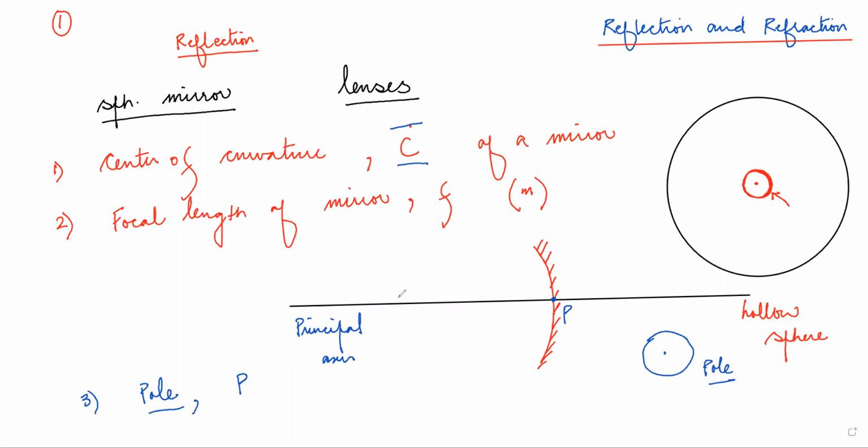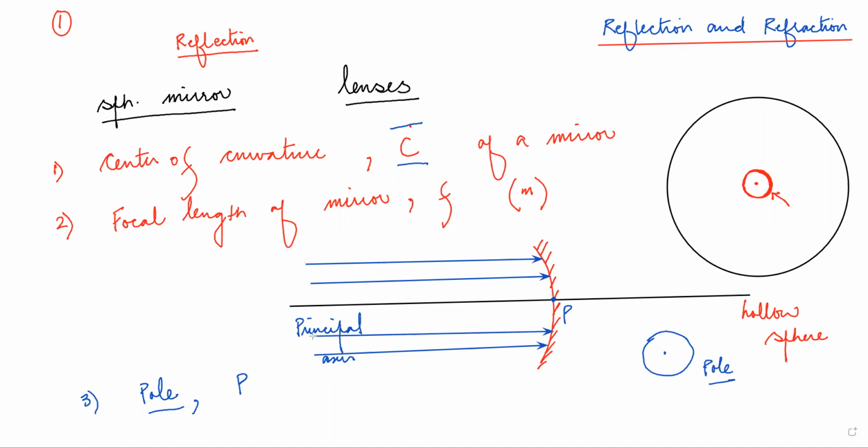On this principal axis, students, see very carefully, in case some rays are parallel to the principal axis, very important, some rays coming from infinity which are parallel to the principal axis, all these rays, after striking the mirror, will pass through one point.